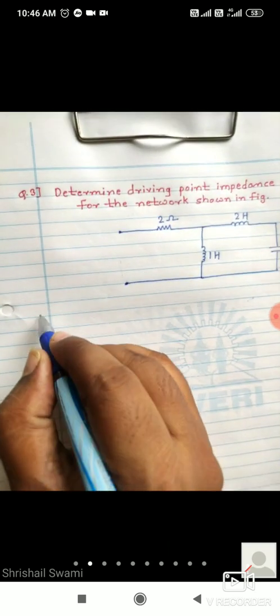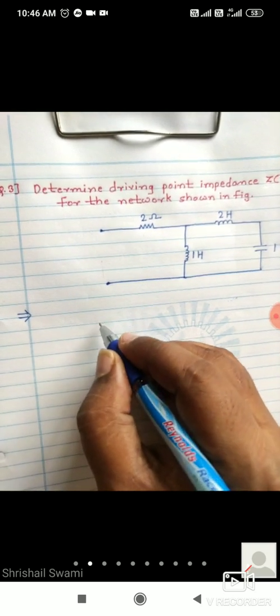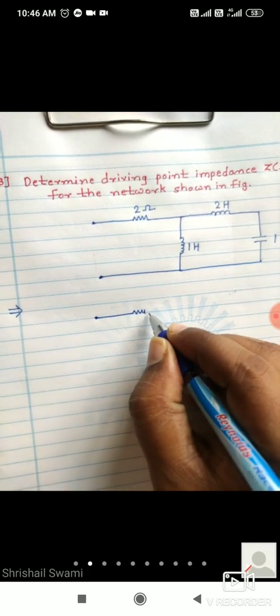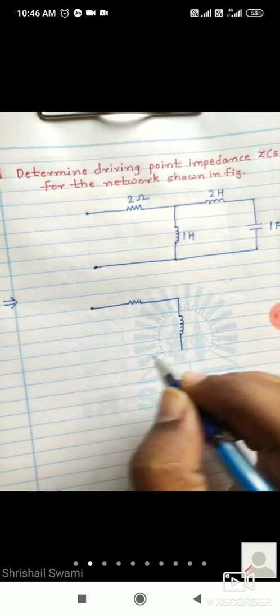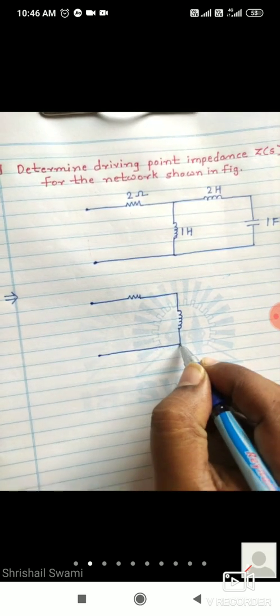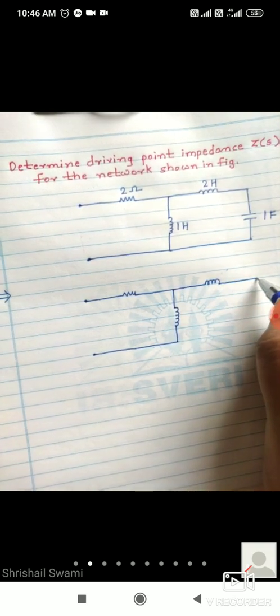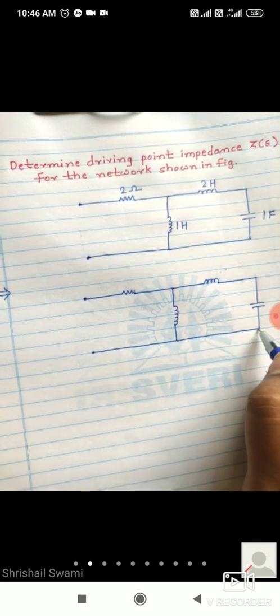So we are going to start to solve this. First of all, draw the network as it is, but the values you can change now because we are converting the time domain into the S domain. Draw the diagram like this as it is.